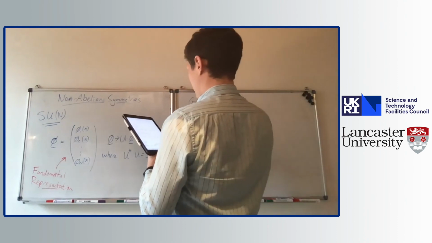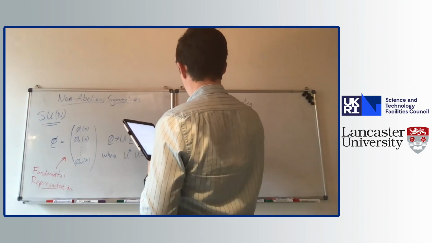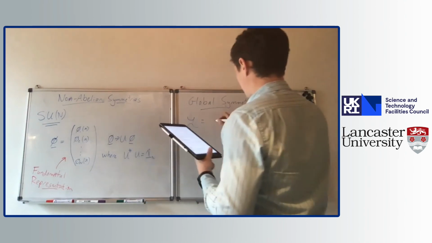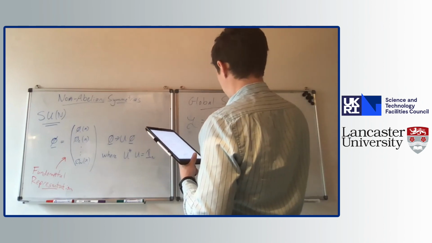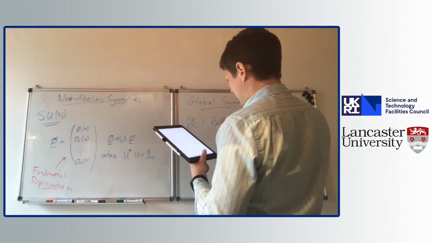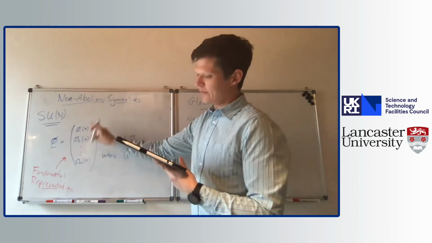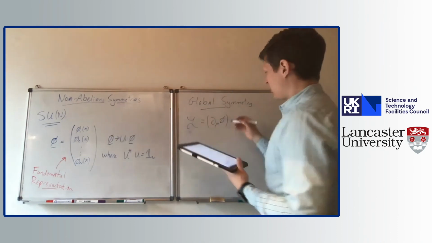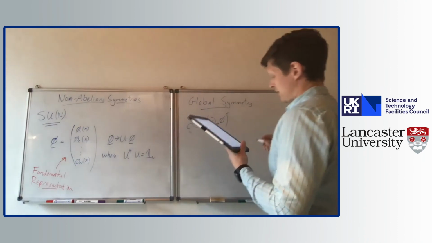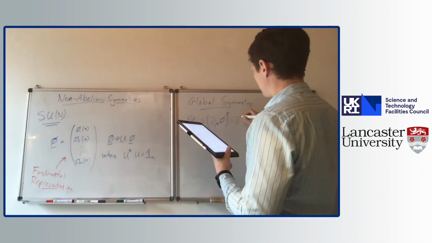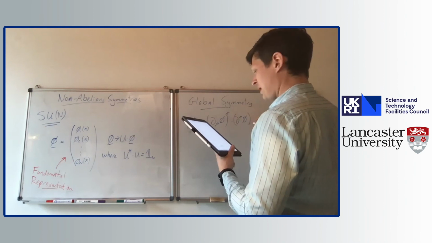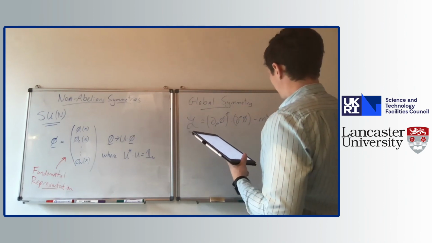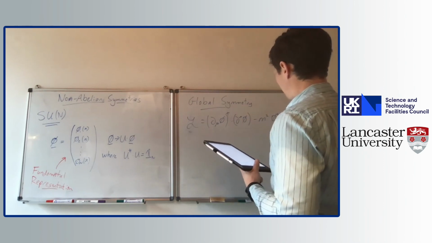So now the Lagrangian will look like this. We'll have the kinetic terms, d mu phi, but now phi is actually a vector of phi's. So we don't just do the complex conjugate, but we do the Hermitian conjugate. We transpose it and conjugate it times d mu phi, minus m squared phi Hermitian conjugate dot phi.